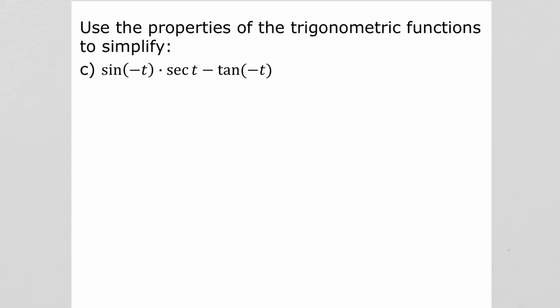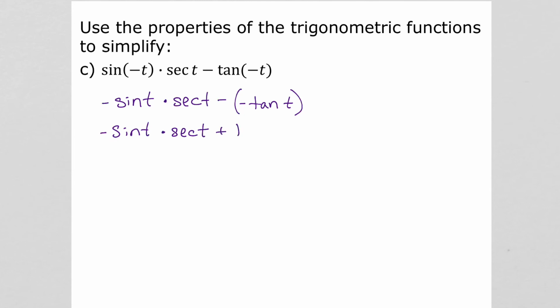And then the last one like this, sine of negative t, that's negative sine of t, times secant, we'll leave that for now, and then tangent of negative t is negative tangent of t. So let's simplify this a little bit. I'm just going to take that minus a negative and change it to a positive here. Now, let's talk about secant and tangent.